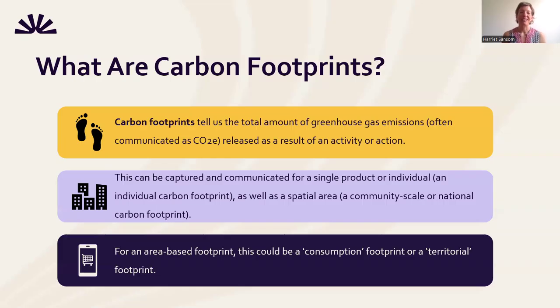So I'll give you an example to make it clearer. I'm a resident of my community, and if I choose to drive to Scotland, the emissions associated with that journey are attributed to my community. So that's the consumption footprint. Whereas with a territorial footprint, the emissions would be attributed to all of the communities along the way of my journey, rather than the community within which I live. So there are two different ways of looking at footprints.